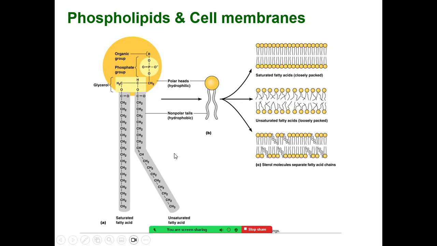All right. So a phospholipid is unusual because one portion of the molecule can dissolve in water. The other portion can dissolve in lipids or oil. Phospholipids are the main molecule in a cell membrane.